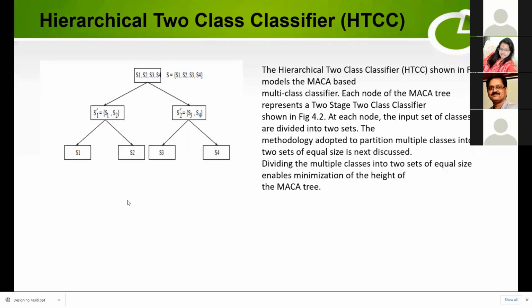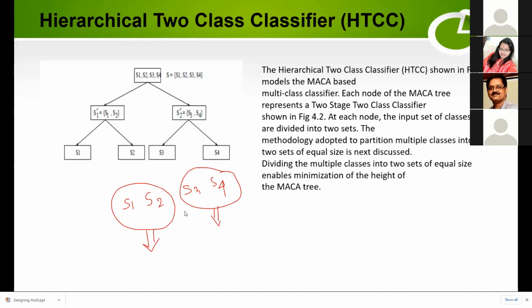How is it implemented? As I stated earlier, say I have 4 classes: S1, S2, S3, and S4. Initially we assume that S1 and S2 are from a single class, and S3 and S4 are from a single class. Based on this, we implement a two-class classifier.